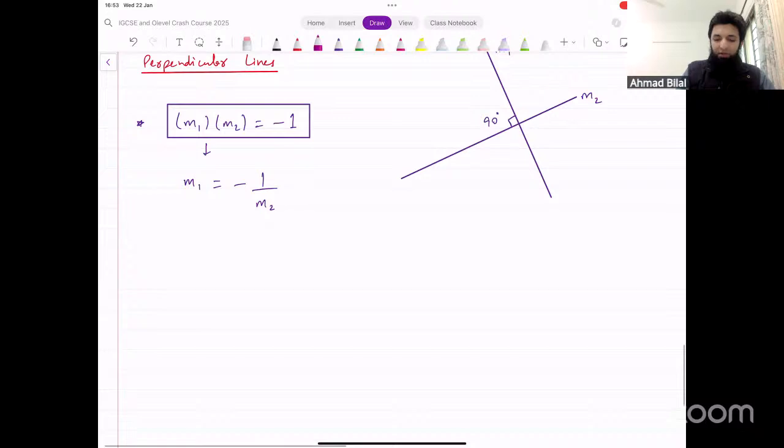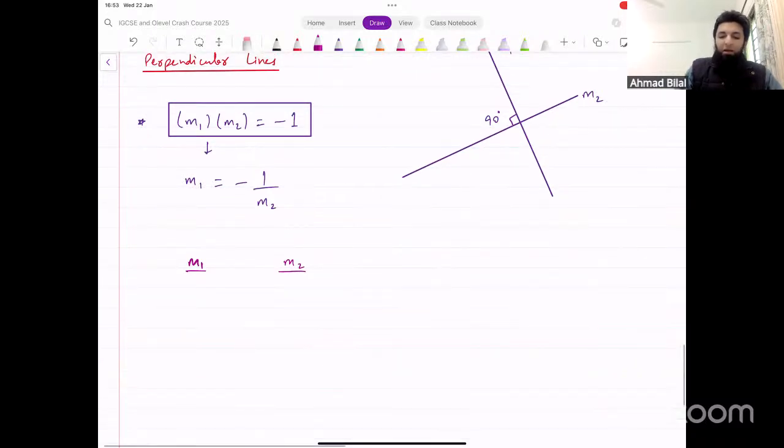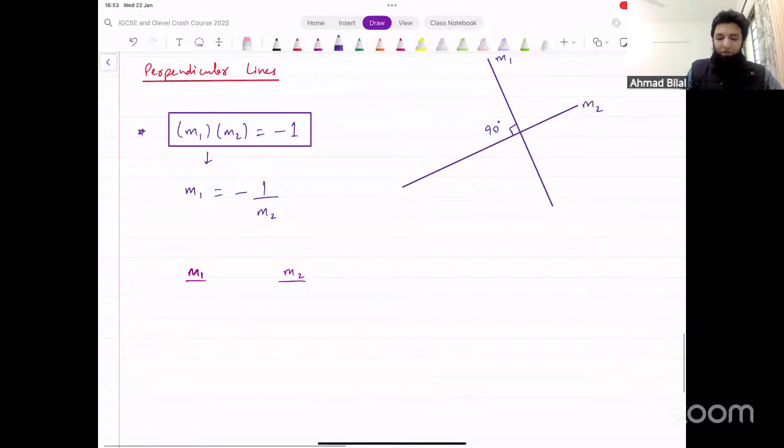Let me give you some examples. This is a quicker way of finding gradients rather than having to use this equation every time. If you know one of these gradients, you can write down the other directly. For instance, let's say we have a line that has gradient m1 and another that has gradient m2, and you know that one gradient is, let's say, 5.